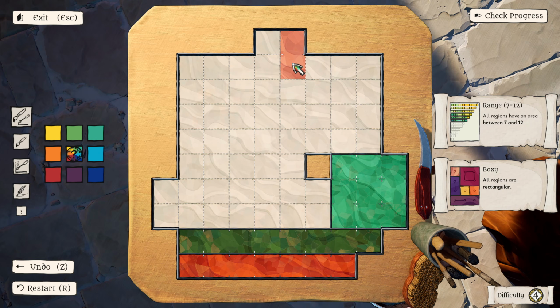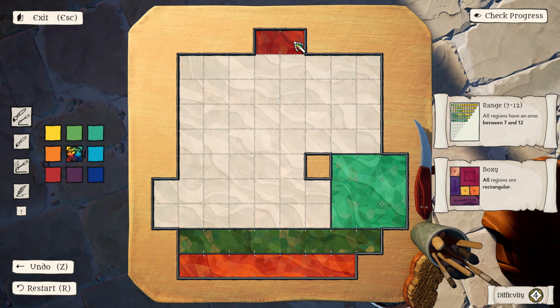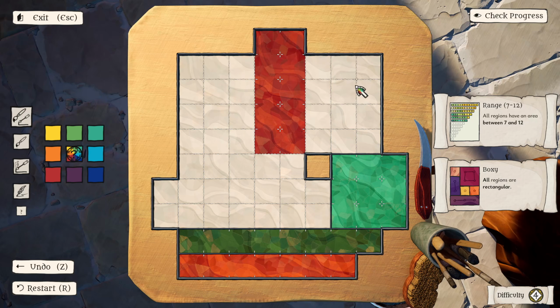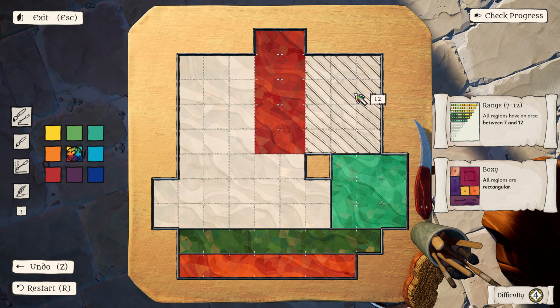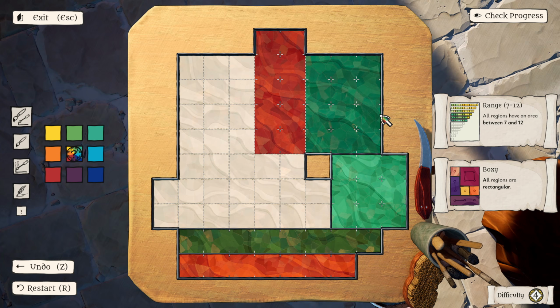If this was 1, 2, 3, 4, 5, 6, 7, it blocks that off. And it also means we have 2 areas of 6 here, which can't be. So this has to be 2 wide. That's 2, 4, 6, 8 at the least. If it was 10, we end up with the 12 problem over here. Actually, no, 12 is not a problem. It could just be a whole region, isn't it?